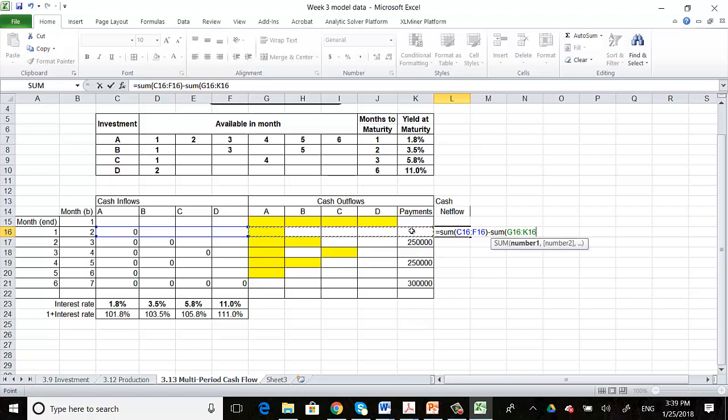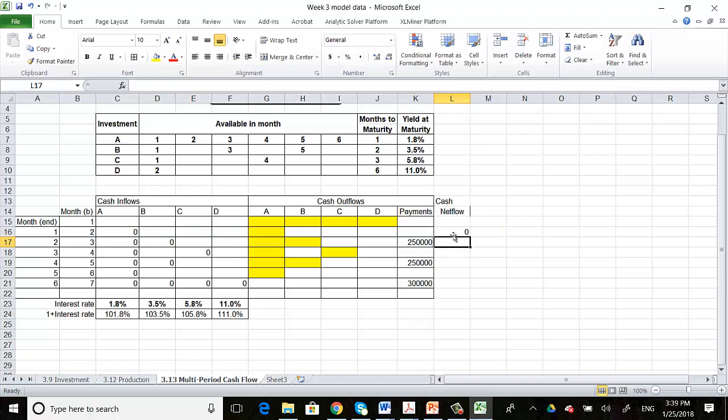This one is our decision variable. Sorry, the objective function. Okay, so we'll do that later. Because in the objective function, we said we want to minimize total cash outflow. So that's different from those ones. We just want to make sure the cash net flow is greater than equal to 0. Okay. So the cash net flow starting from the second row is the sum of the inflows subtract the sum of outflows.